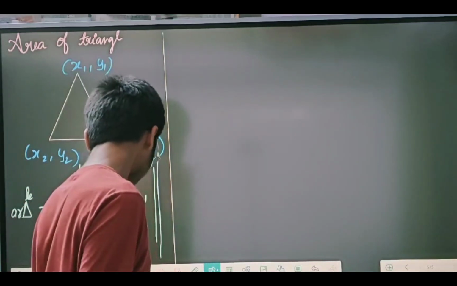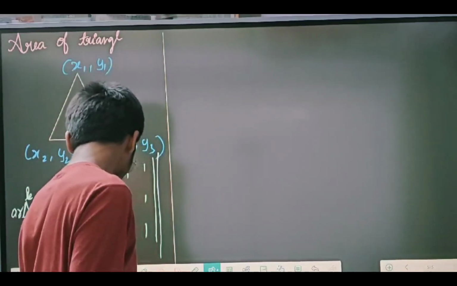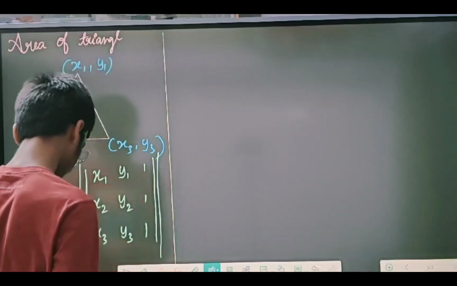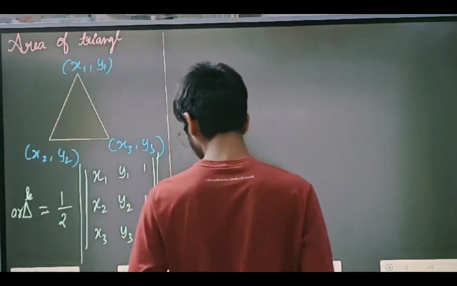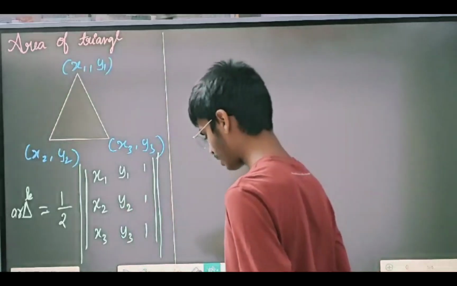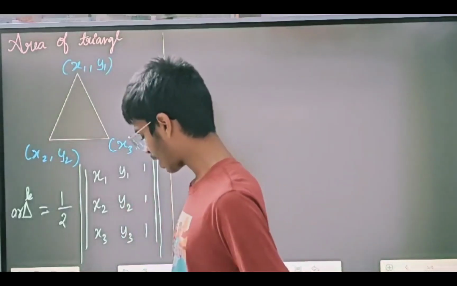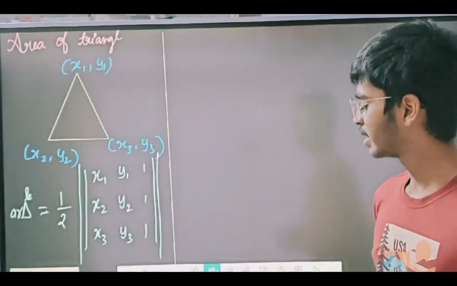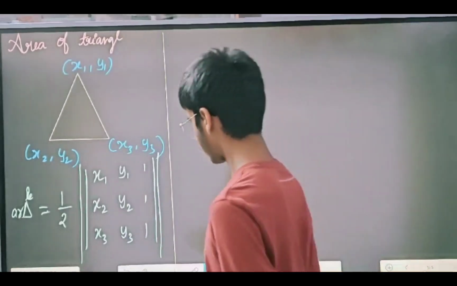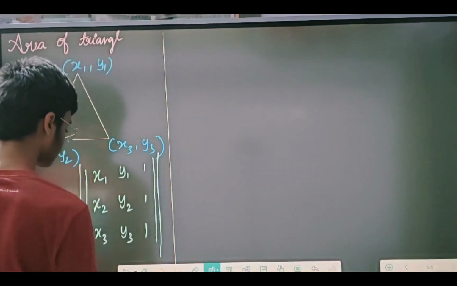Then, actually the particular concept that I'm about to say is something that we have already studied in our straight lines chapter, in our class 11th standard itself. But if you don't know, it's actually used for one question in our exercise.